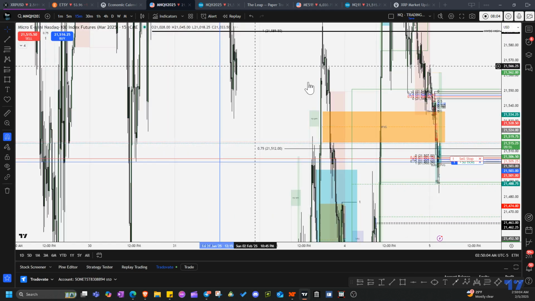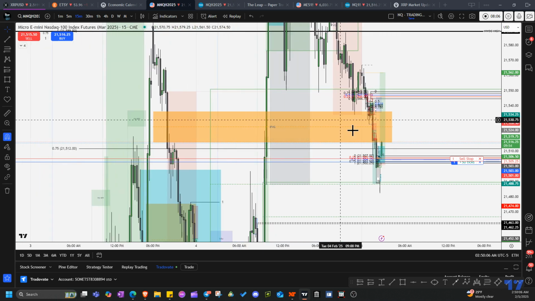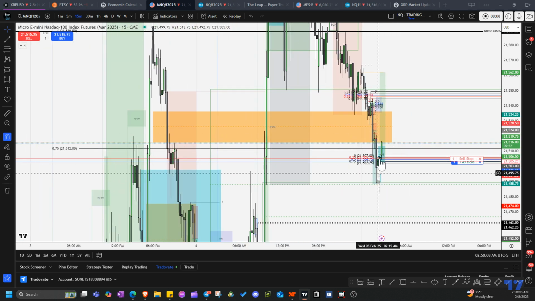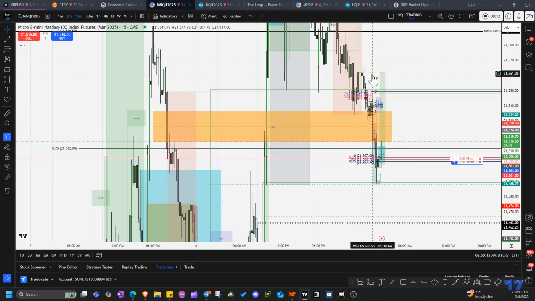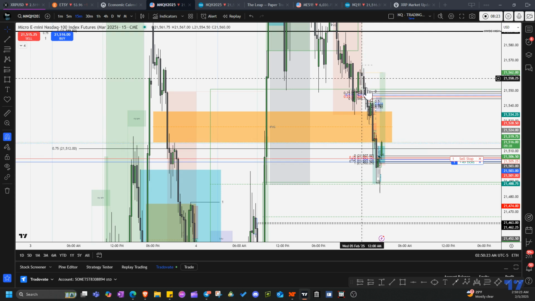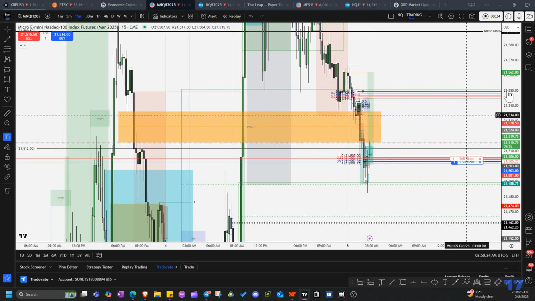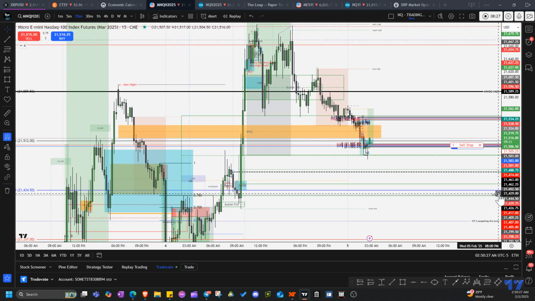Let's go to the 15. So as you guys can see on the 15, this market is trading higher here. This is Wednesday's midnight open, or Tuesday's midnight open. That being said, I don't know if price is going to want to trade above there.